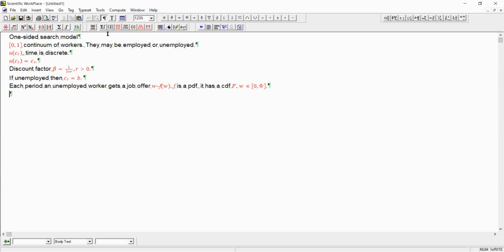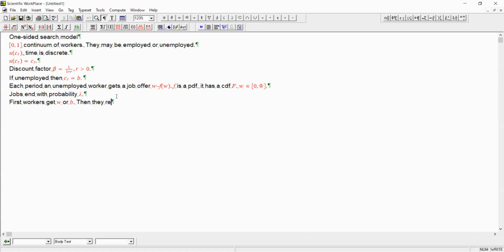The job offer pays wage w until it ends, and jobs end with probability lambda, which is exogenous. We can endogenize it if we wish. So what happens in each period? First, workers get w or b, depending on whether they're employed or not.